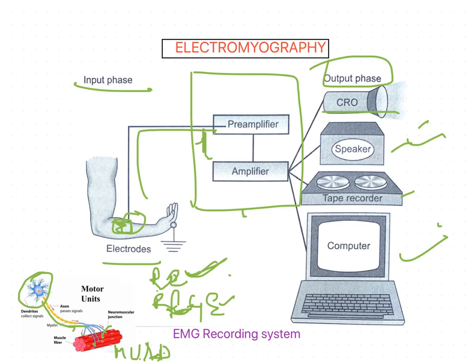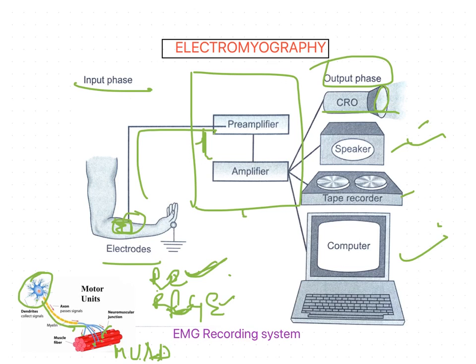The major principle of use of an amplifier is to amplify the received signal. It also rejects the undesired signals, keeping the desired signal from the motor unit. That desired signal is then displayed on the cathode ray oscilloscope.